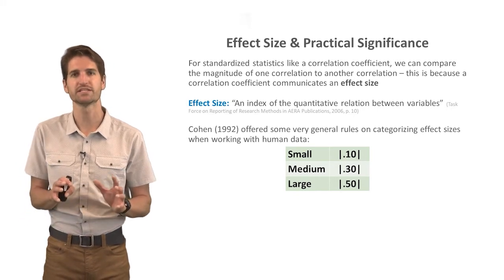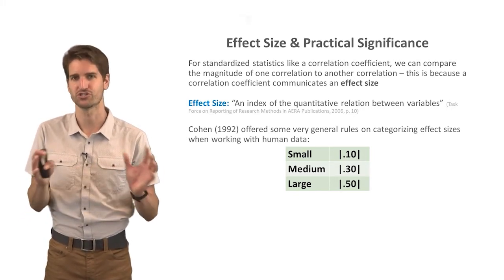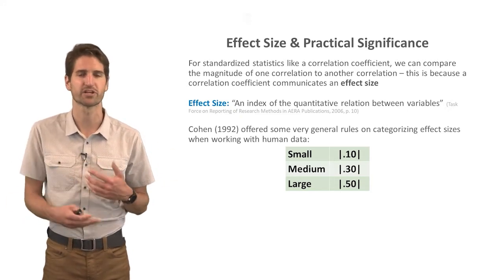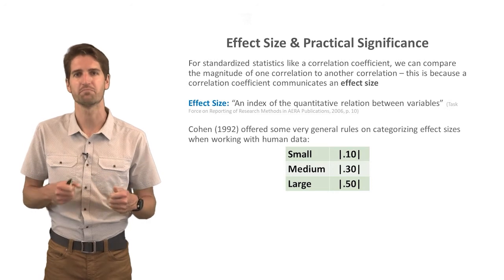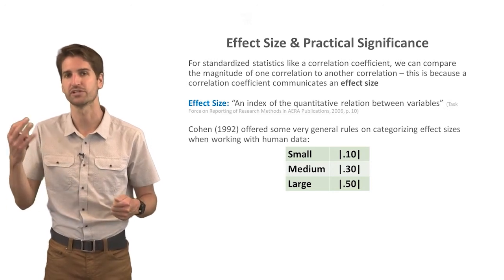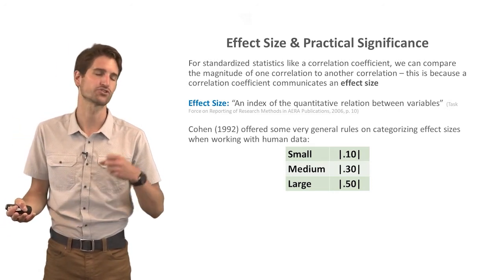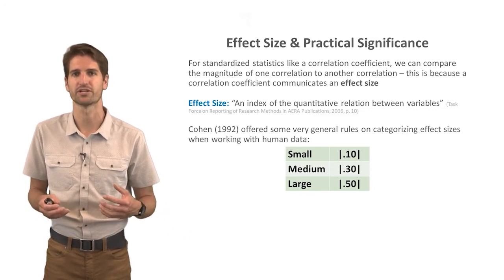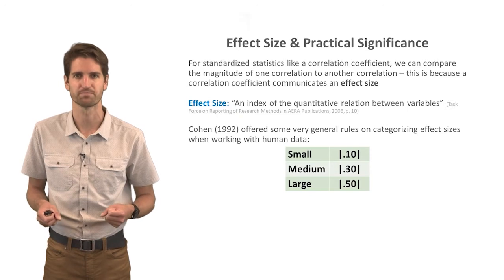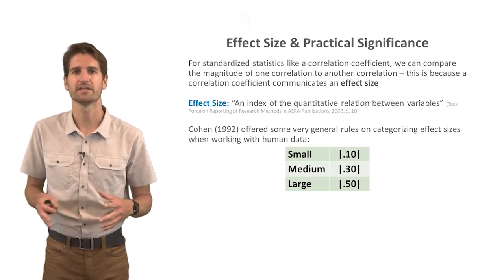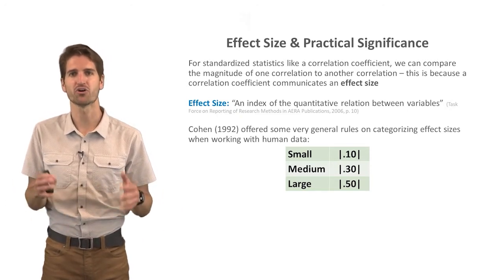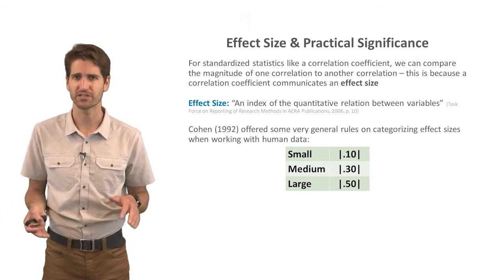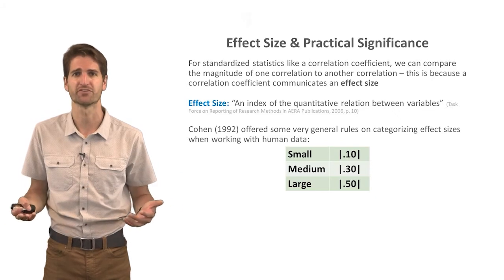It's important that these are meant to be just general suggestions, and you should really come up with your own organization in the specific context: what is considered a meaningfully large correlation versus a small correlation, based on whatever you are using the correlation to assess the association between. Now, ignoring all that, it is generally used that a small correlation is around 0.10 when you're dealing with human data, that's the absolute value of 0.10.